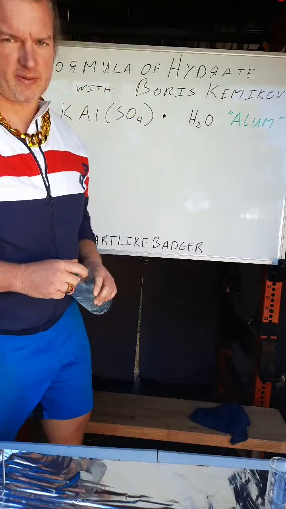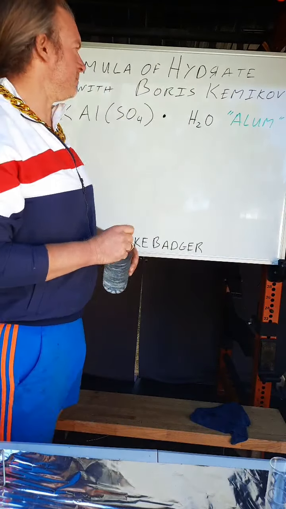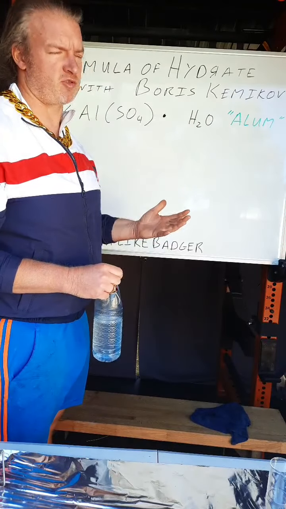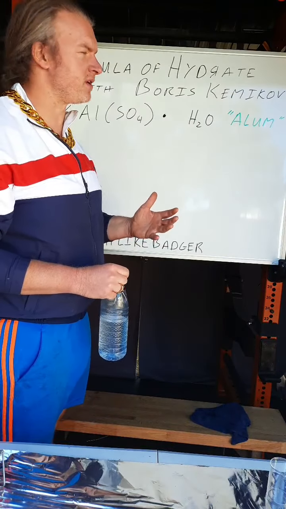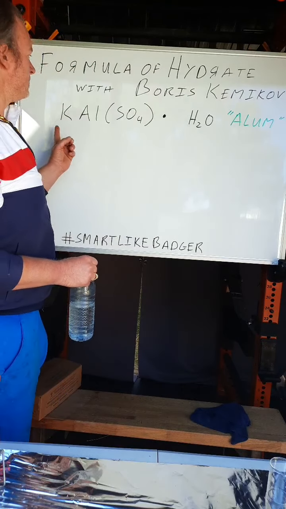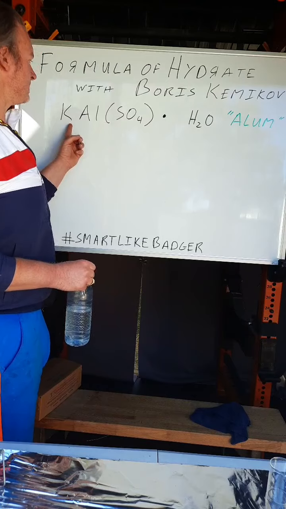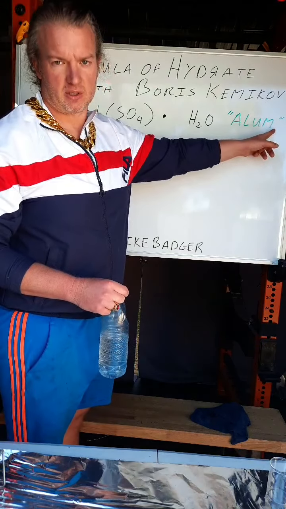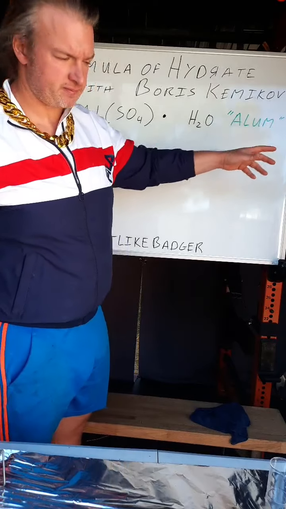Hello, American chemistry students. My name is Boris Kamikov, and I am a professor of exchange from Russia. And I will do an experiment with you called formula of a hydrate. This molecule, potassium aluminum sulfate, we often call it alum when we buy it in the store.